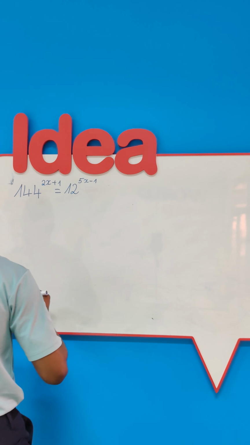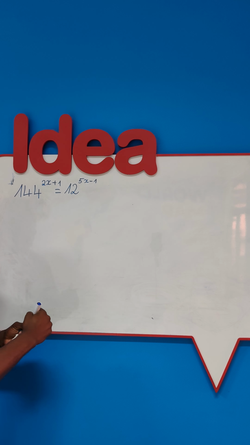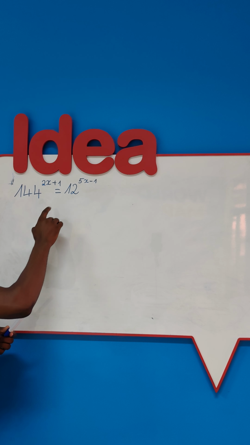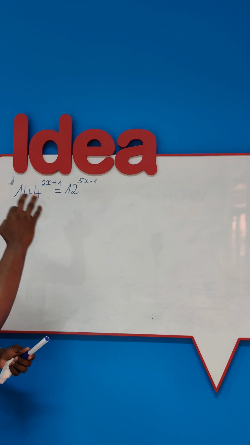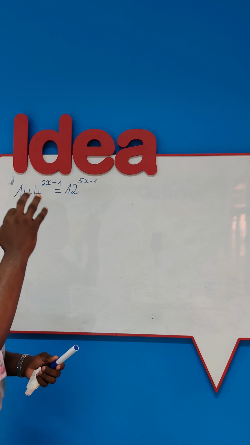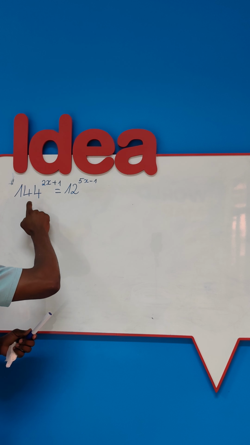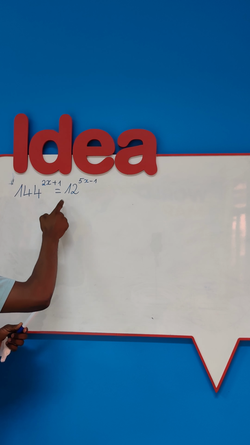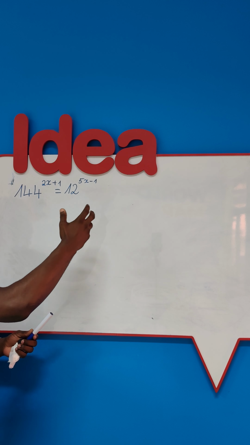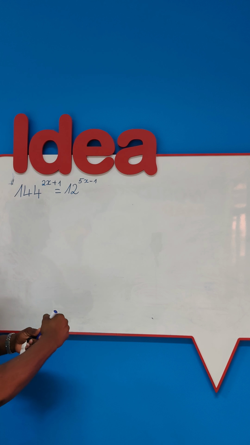Follow me. The first thing here, and whenever you have this kind of situation where the bases on the two sides of the equation are not the same, try, verify, ensure that the two bases are the same before you proceed. And in this case, they're not the same, but we can bring the bases to become the same. How?